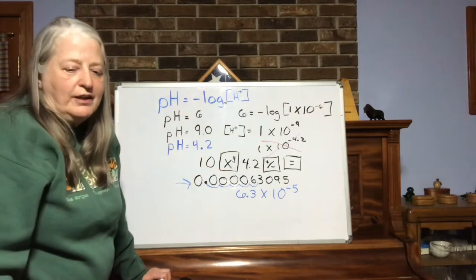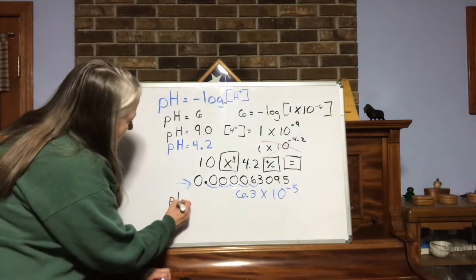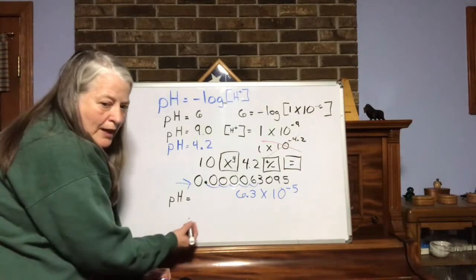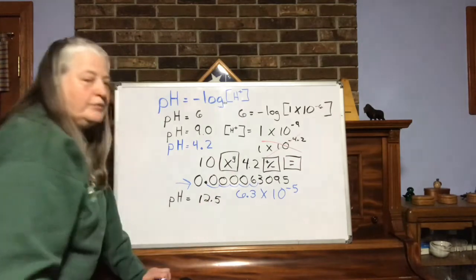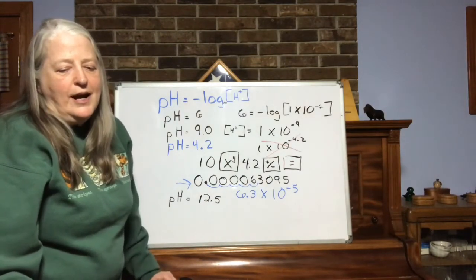Sometimes in your calculator, if you have something like pH equals 12.5, it's going to give us our number.